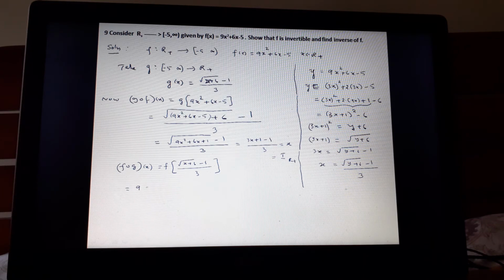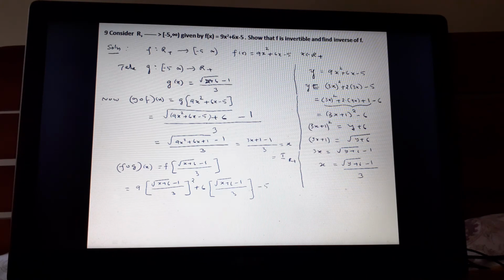So 9 into (square root of x plus 6 minus 1 by 3) squared, then plus 6 into, x means this one only, square root of x plus 6 minus 1 divided by 3, then minus 5.